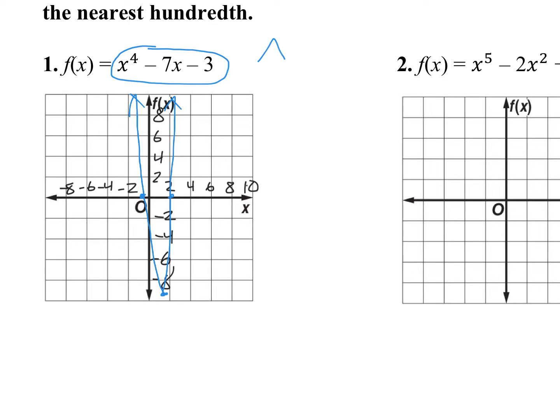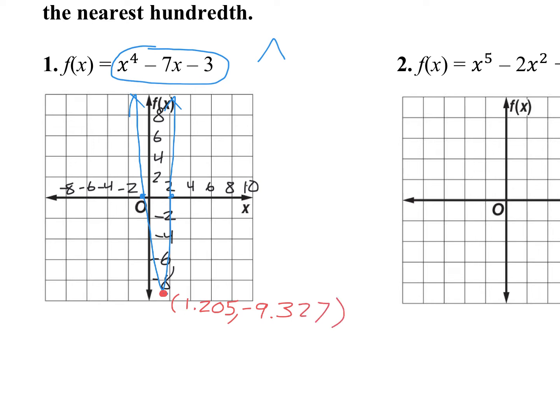All right, so the nice thing about Desmos is if you click on certain points, it'll tell you what the coordinate is there. So if you click on the point here, Desmos will say 1.205, comma, negative 9.327.